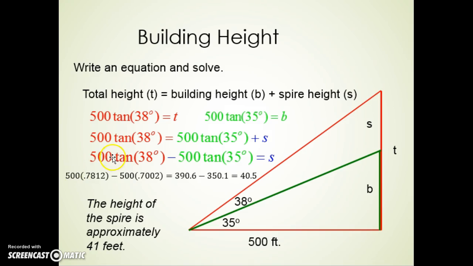So that's what we've done. And we found the tangent of 38 degrees and the tangent of 35 degrees accurate to 4 decimal places. And so the spire is 40.5, or approximately 41 feet in height.